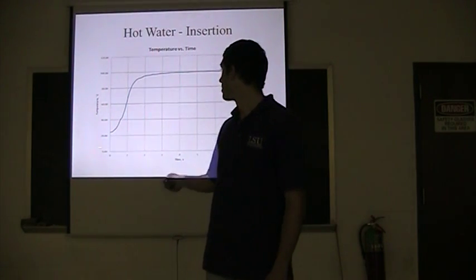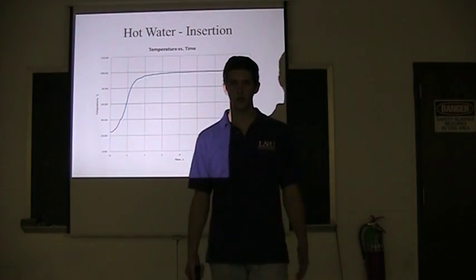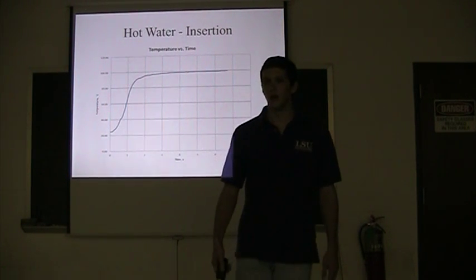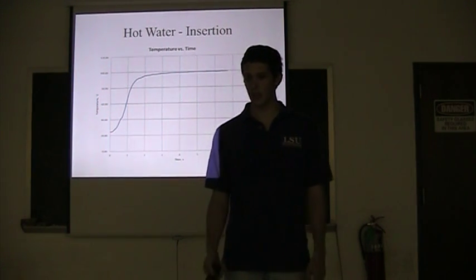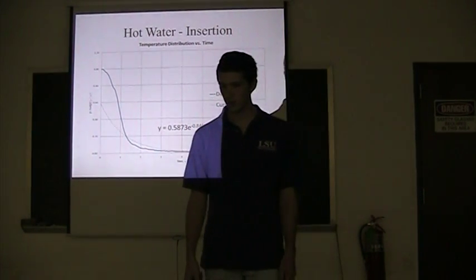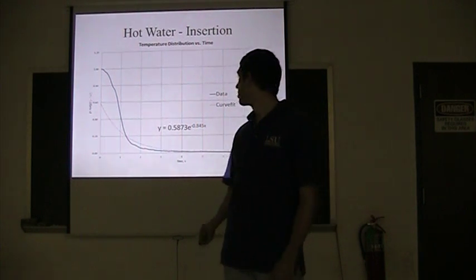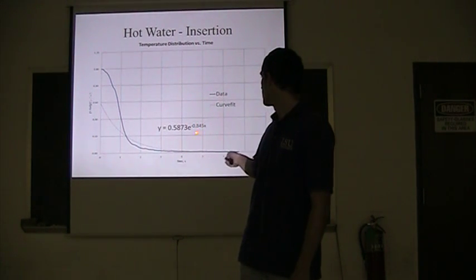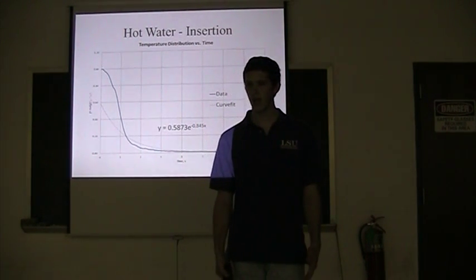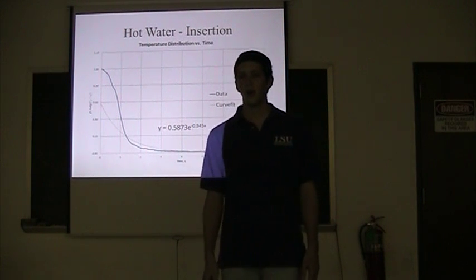Initially, you have a very steep rise, a very large change in temperature, and then it just kind of plateaus. Basically exactly what we would expect. Using the normalized temperature distribution, you can see the curve fit in an exponential here. It's not exactly a good curve fit, but I'll talk about that in a second.